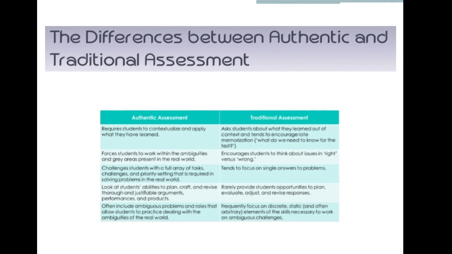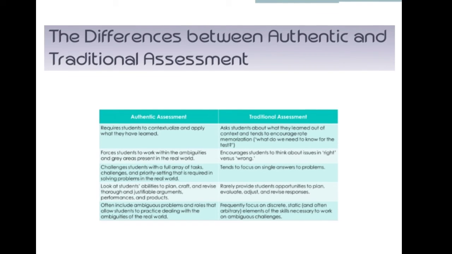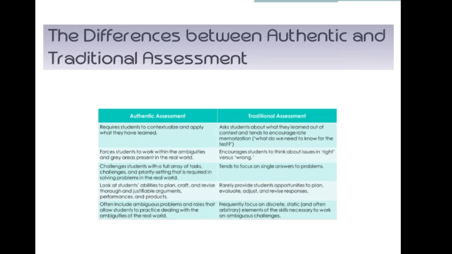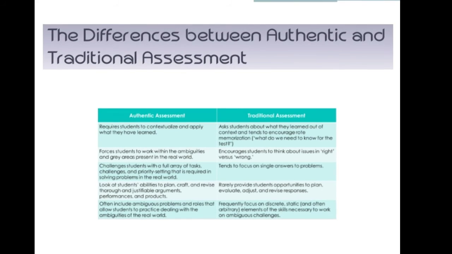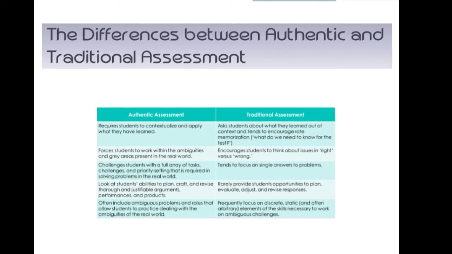The second is authentic assessment forces students to work within the ambiguities and key areas present in the real world, but traditional assessment encourages the students to think about issues in terms of right versus wrong. The third is authentic assessment challenges students with being fully aware of the task, challenge, and priority setting that is required in solving problems in the real world.